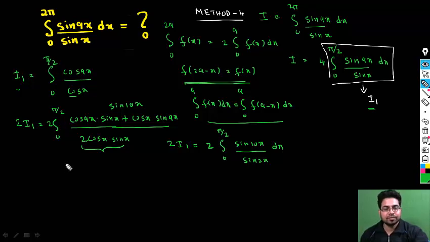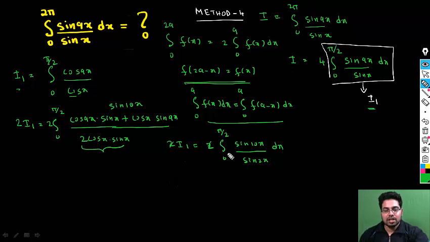Now, if I add this again, what I will get is I1 and 2I1.